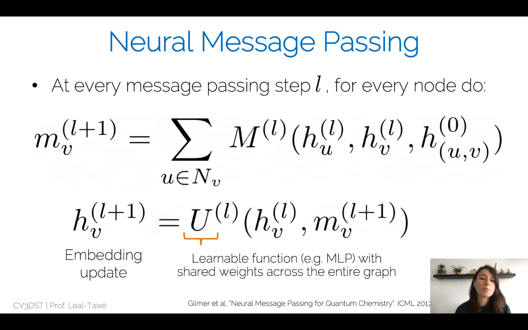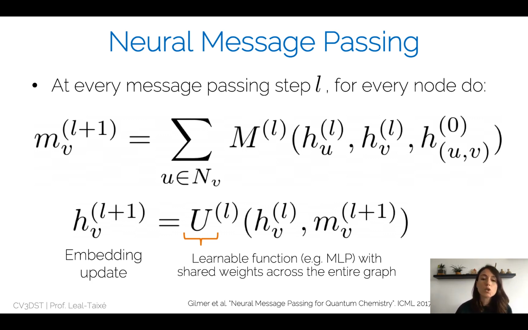So after this, what I'm going to do is update my own embedding, right? So I'm a node V, and I want to update my embedding with the information that I've captured from my neighbors, with this message that has gathered all this information.